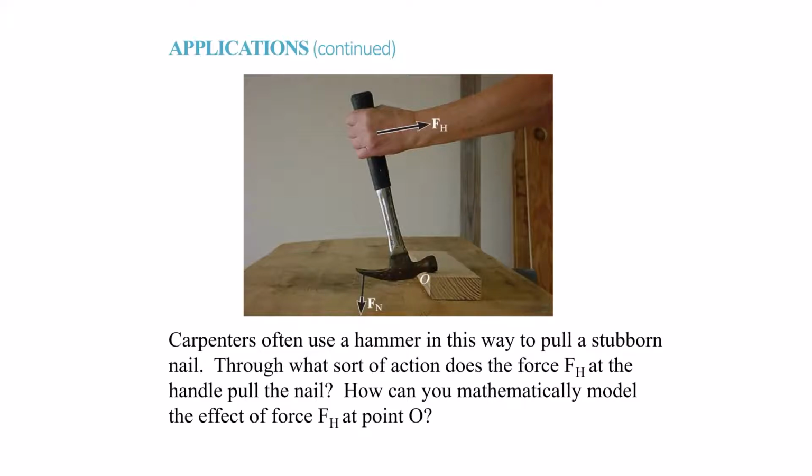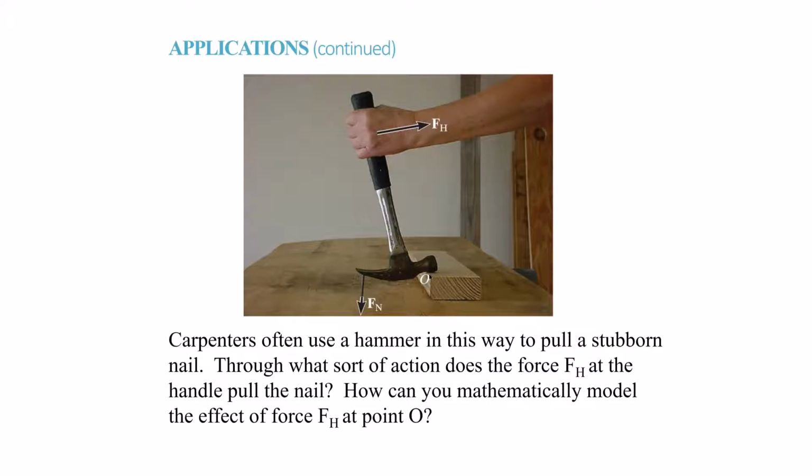So if you know what this one is, but let's say you don't know what this one is, and you don't know what this is necessarily. All you know is it's not pulling out. So you have two unknowns. You'd have to create a moment equation like before about this point O, and also do a summation of the forces in the Y direction, because there's only reactive force in the Y direction here.